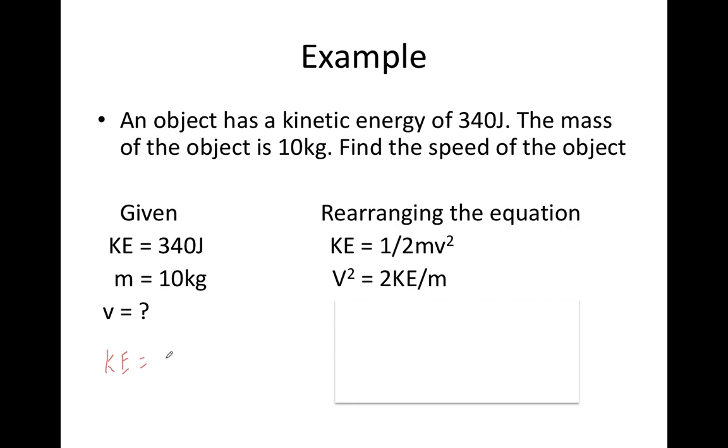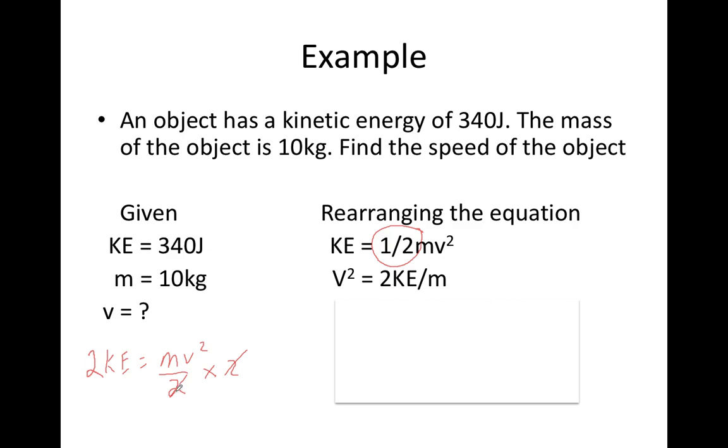Multiplying by 1/2 is the same thing as dividing by 2. So the first thing we have to do is multiply by 2 to get the 2 out of the right-hand side. So the 2 cancels.